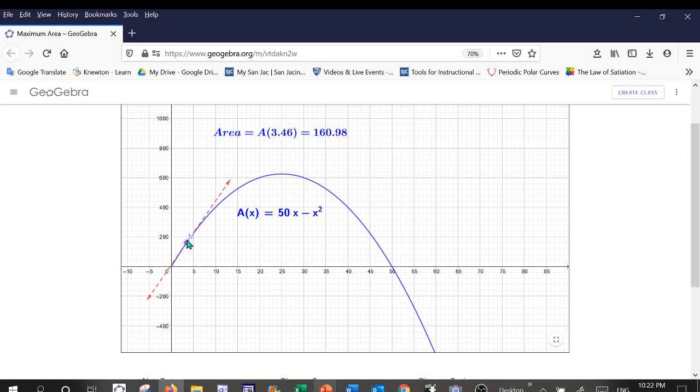Area increases, obviously, as you see. By the time we get to 25, area is maximum. If we pass 25, make x longer than 25, again, the area decreases. And we don't care after 50 what's going on, because after 50, there is no interest for us. We are not interested in these numbers because there is no way x can be greater than 50, right? So that's the idea.